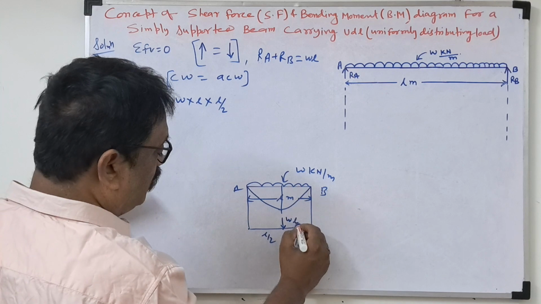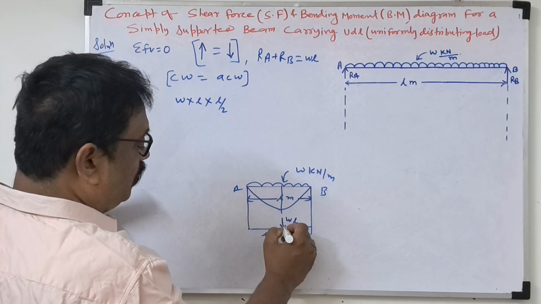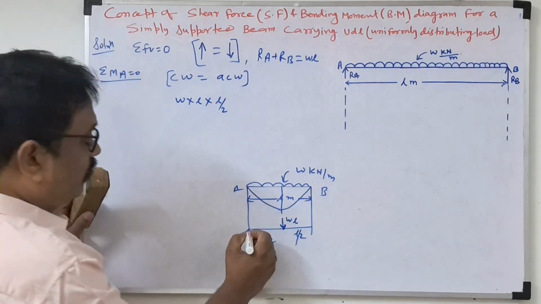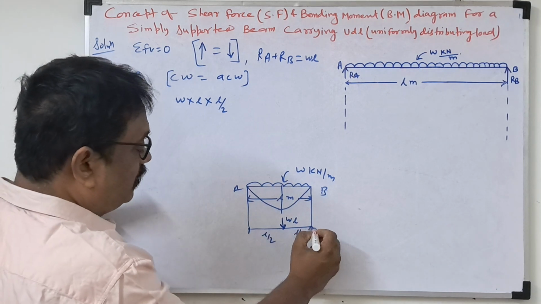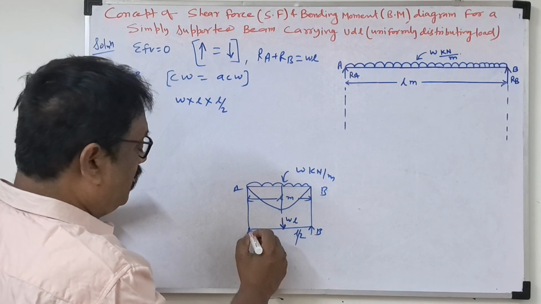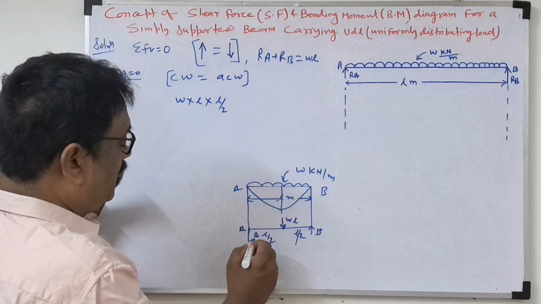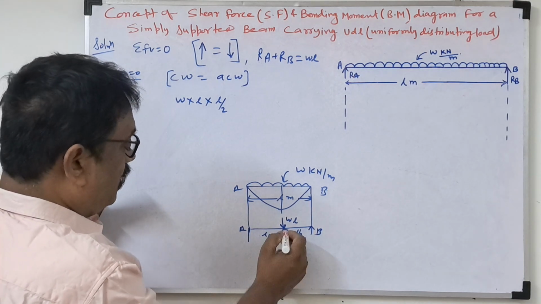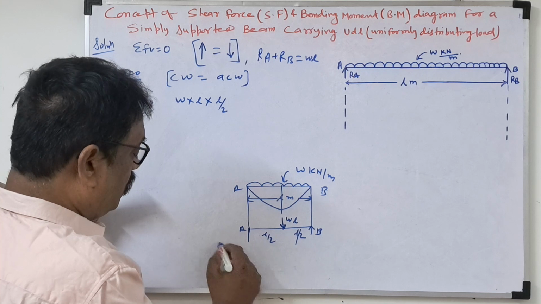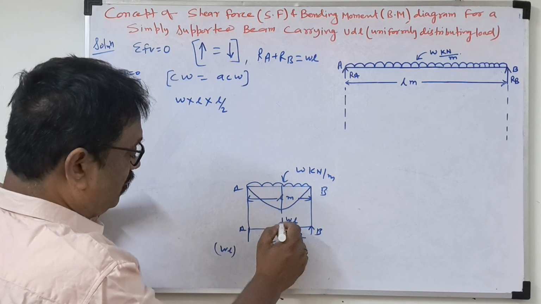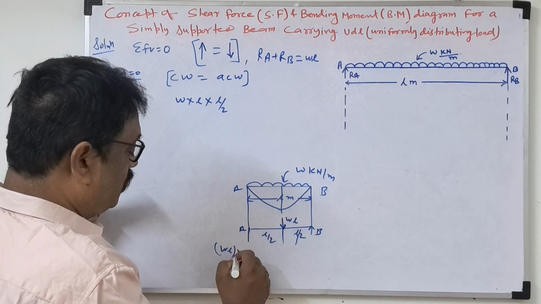Load is W into L, and now this becomes a point load. This is B, this is A. Take moment about A: WL load into perpendicular distance, into L by 2.